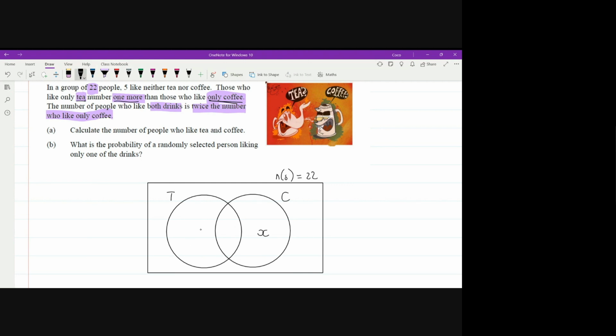If only coffee is X, what is only tea going to be? If the only tea has to be 1 more than only coffee, what would I put there?